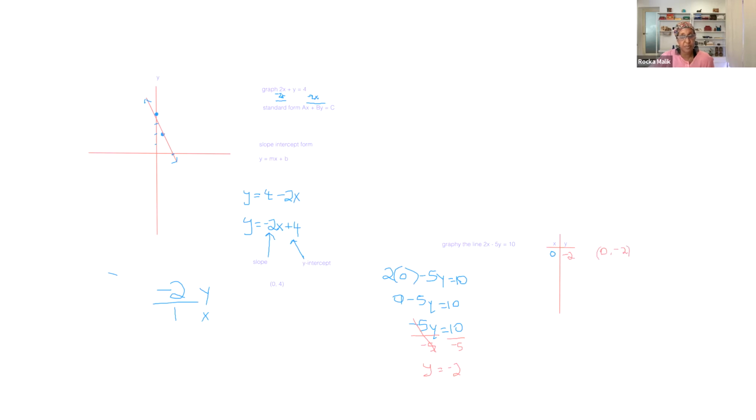And that's a special point because it is an intercept. It's going to be where the line hits the y-axis. So 0 means I don't go any place left or right, I stay in the middle.